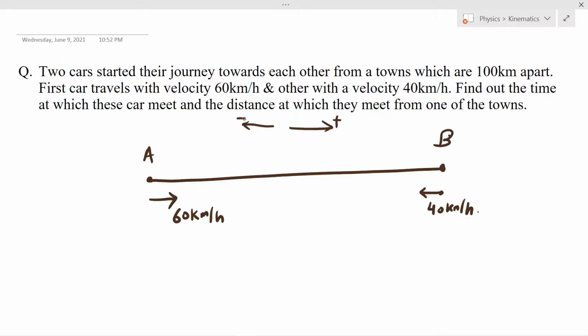Now when these two cars will meet, these two towns are 100 km apart.